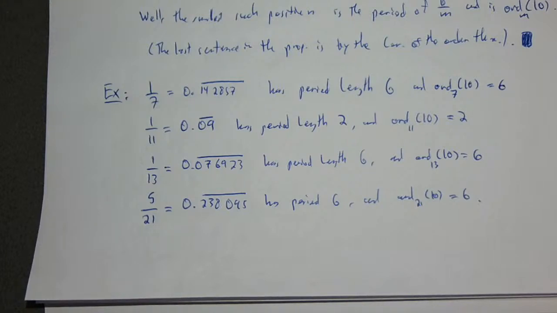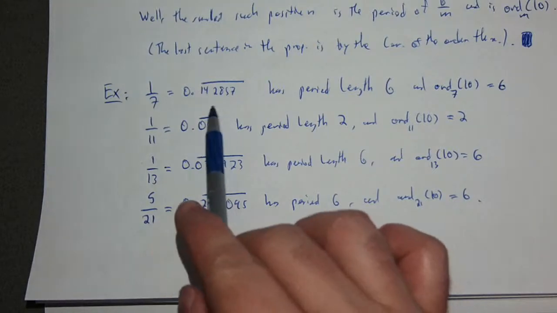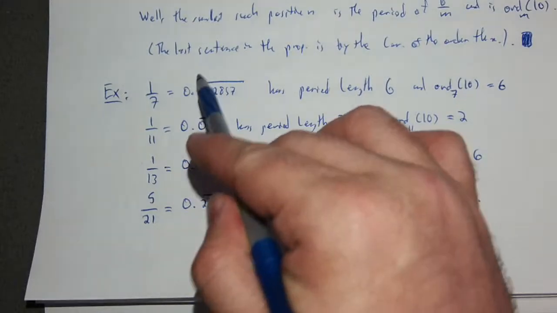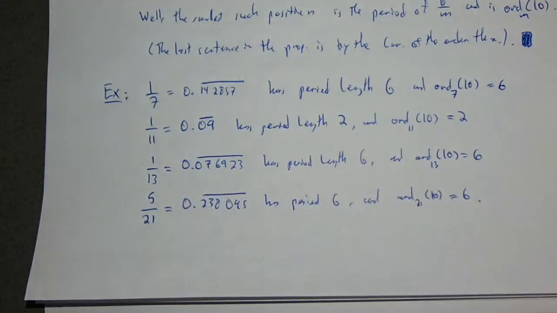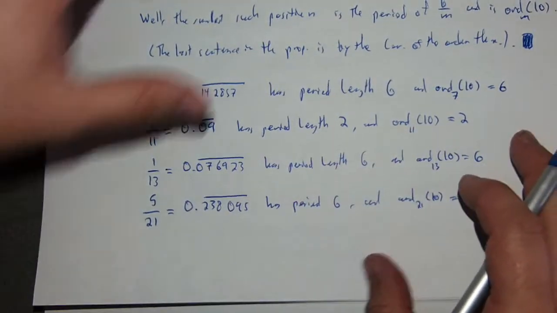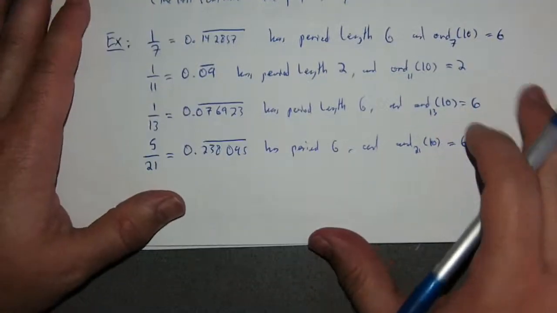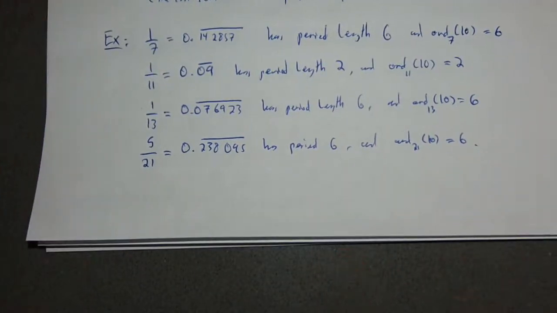Now, all of these are examples of numbers that are purely periodic, right? If you recall our definition, purely periodic means that the decimals repeat immediately following the decimal sign. Okay. So, of course, that is not what a general decimal expansion looks like.